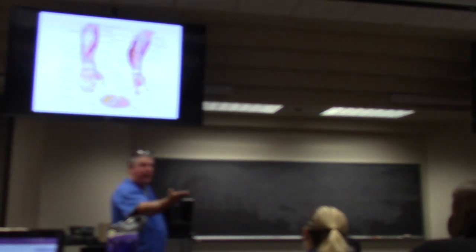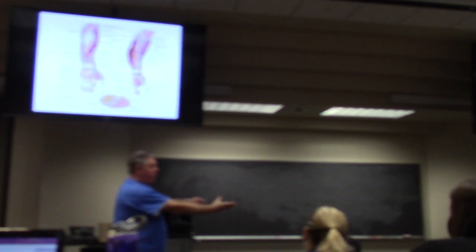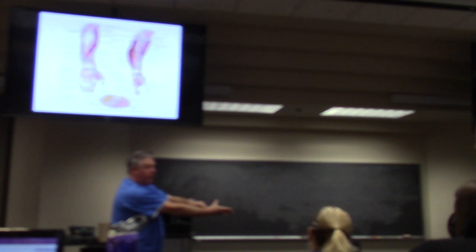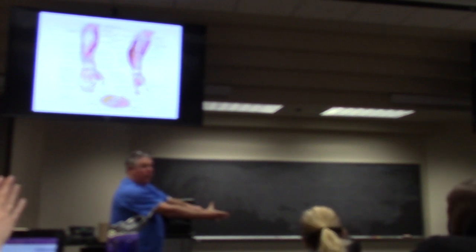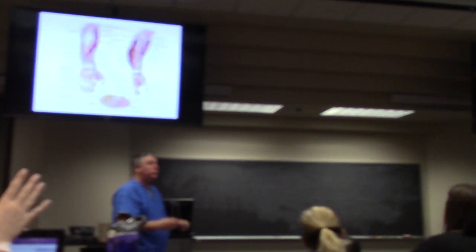What is abduction? Abduction is that, right? To do that, I want to pull the thumb that way. And that's what that muscle is perfectly aligned to do. If you do that, you can feel that tendon tighten up. Okay? So those three muscles, they're deep muscles, run the thumb.